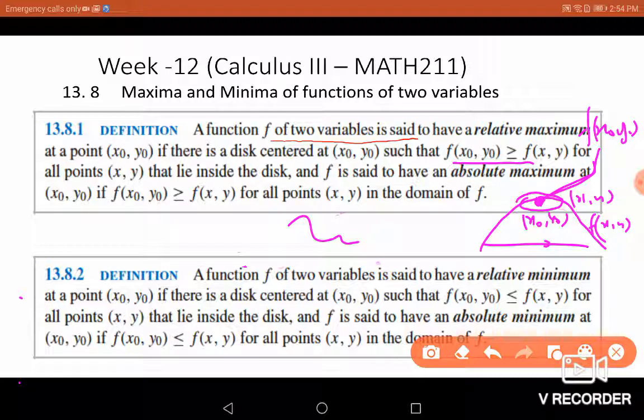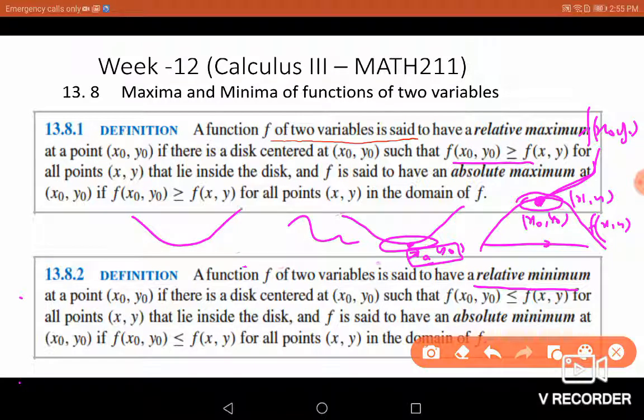The same can be interpreted for a relative minimum. If you find such a curve at this point (x0, y0), and in this entire locality this is the minimum value of the function, then you can say at this point the function has a relative minimum. Some graphs will be like this: one side going up, another side going down. Your point may be here.